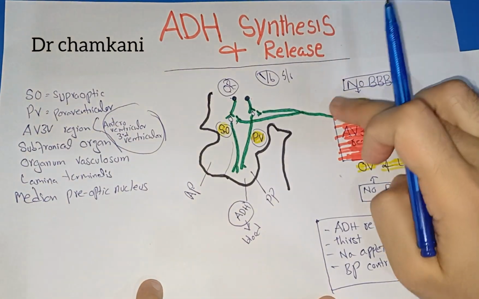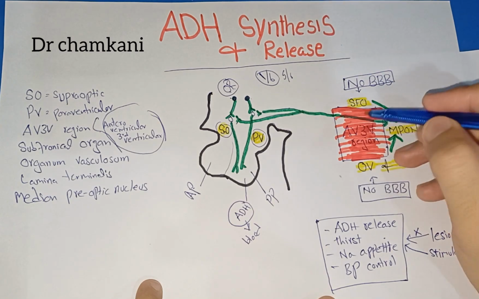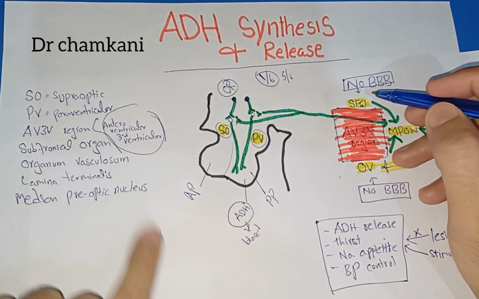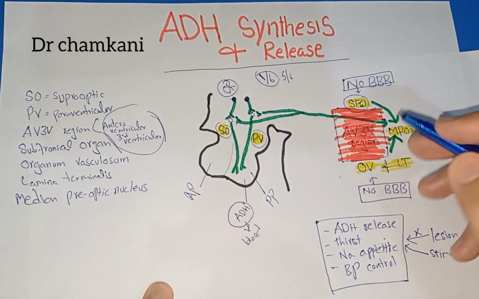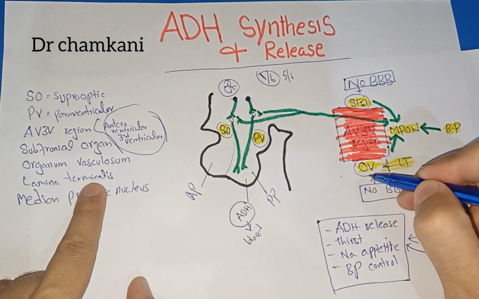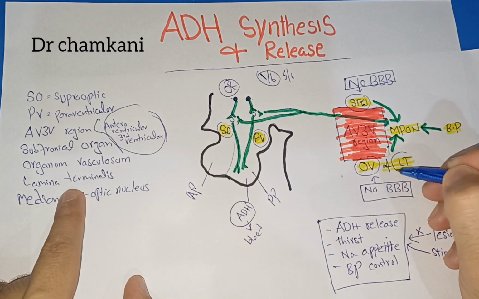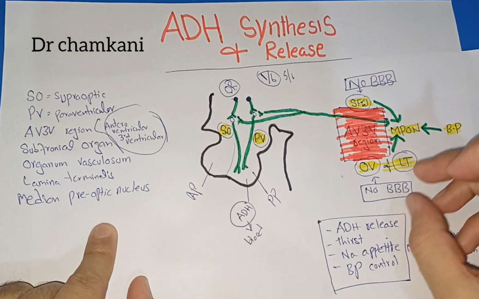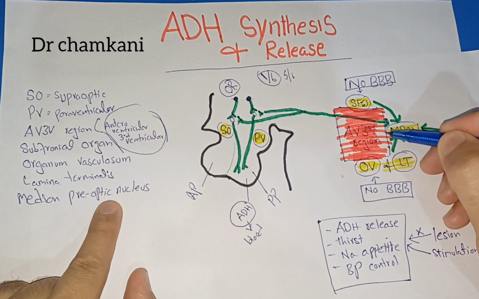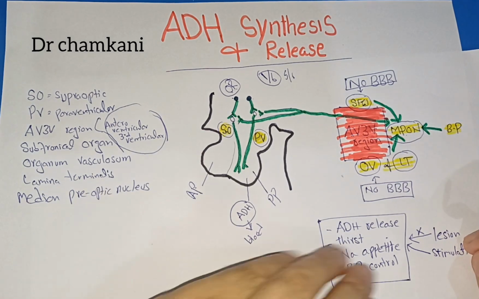Now, in this AV3V region, in the upper part we have the subfornical organ. This is the subfornical organ. In the lower area we have the organum vasculosum, which is part of the lamina terminalis, and in the middle of the AV3V region we have the median preoptic nucleus.